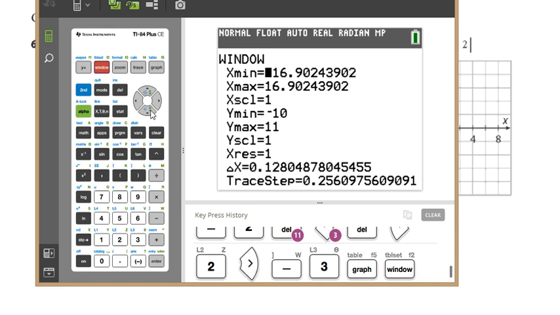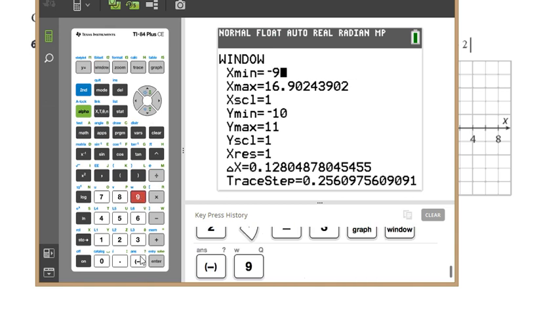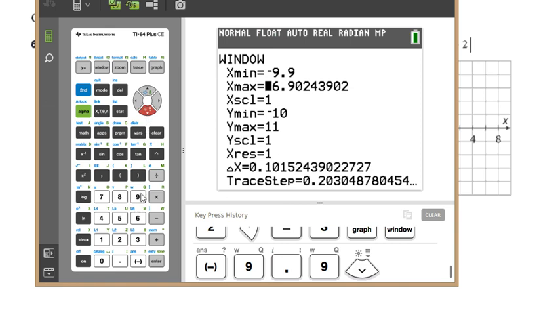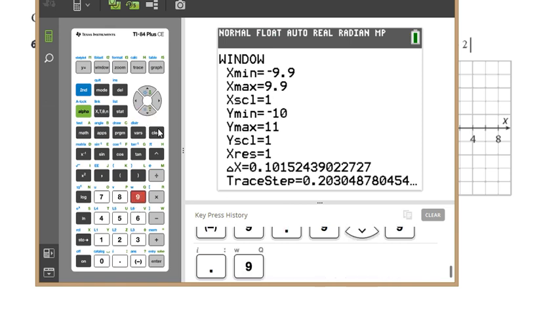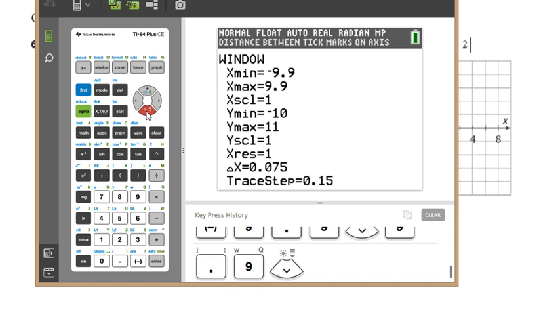We go to negative 9.9 and 9.9 here. And our X scale we can put at 4, and our Y scale we can also put at 4. That should give us the right lineage for this big graph.